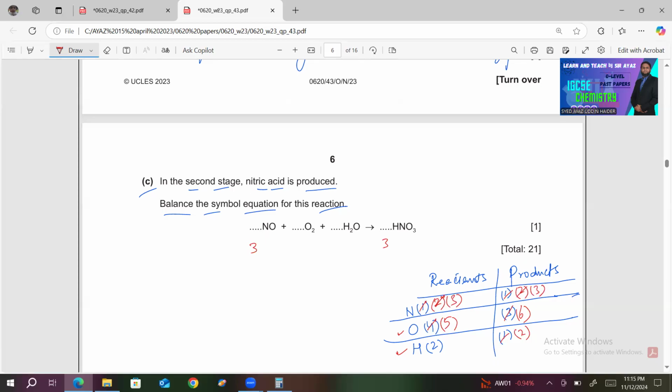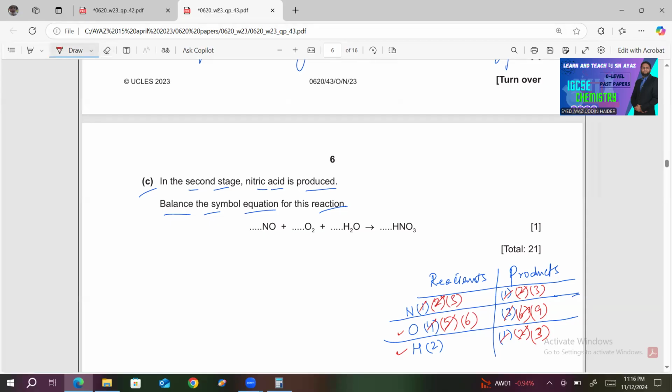What about oxygen? 3 plus 2 plus 1, 6 oxygen. On the product side, 3 threes are 9. Hydrogen becomes unbalanced. So you can't take 3.